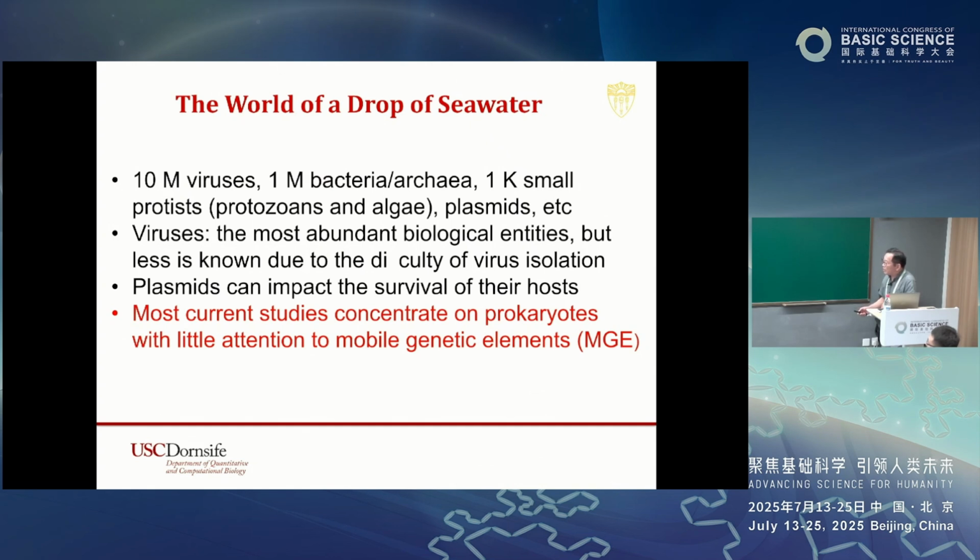Viruses, although in the case of phages they affect bacteria, we all know can cause a lot of changes and impact the environment, such as the SARS virus and COVID, which have an important impact on society. I just mentioned that most studies concentrate on prokaryotes with little attention to mobile genetic elements.